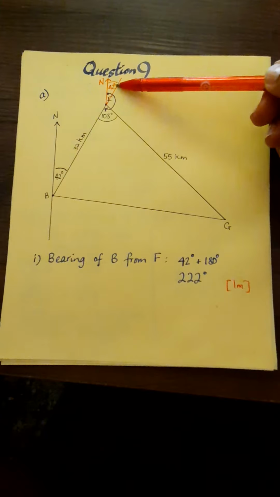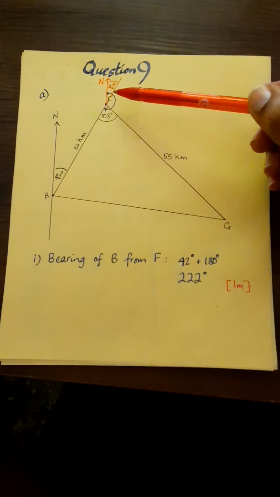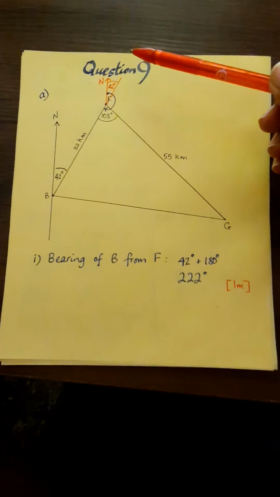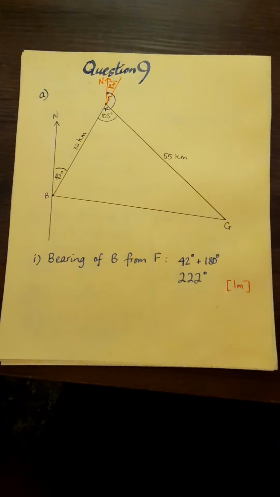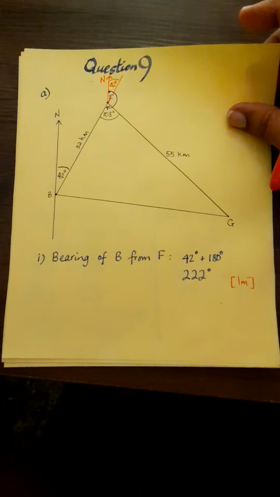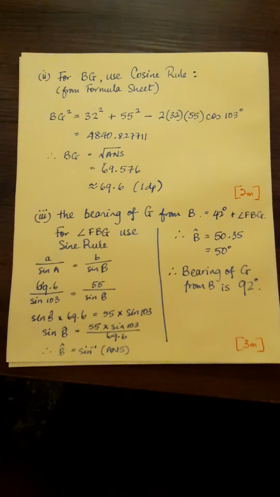So I know that this is 42 degrees. I also know that angles on a straight line add up to 180. Therefore, the bearing of B from F is 42 degrees plus 180 degrees, which is 222 degrees.